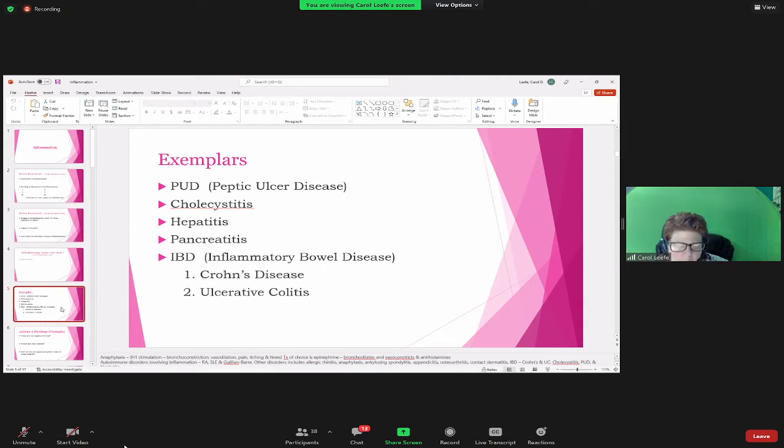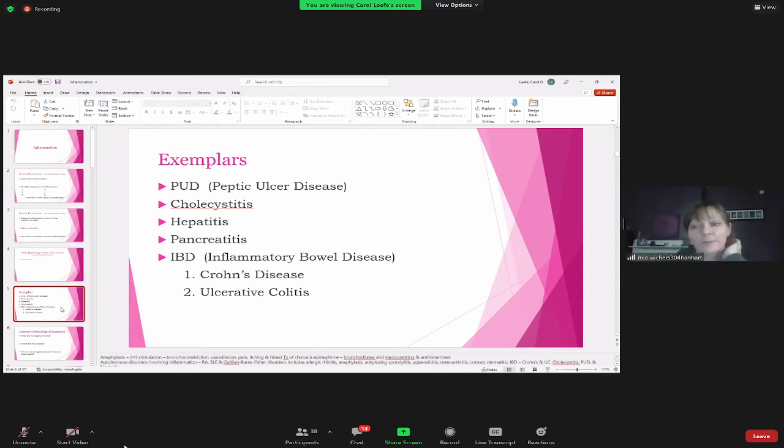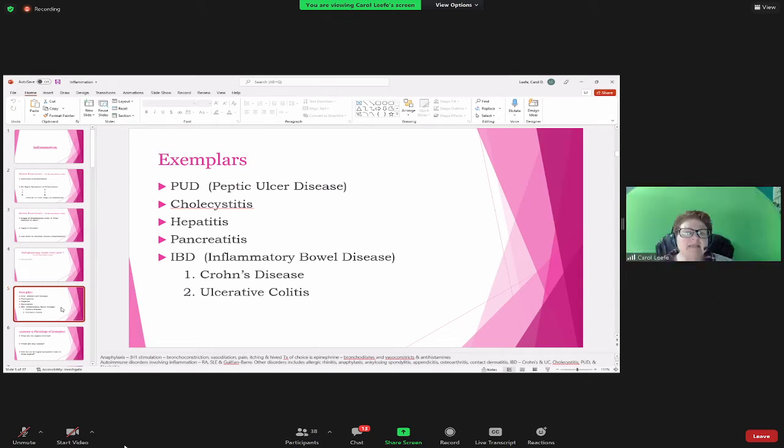Okay, so what does the stomach do? What's its function? Breaks everything down. Okay, so you chew your food, you masticate it, you swallow it down through the esophagus, it gets to the stomach, and what does the stomach do?